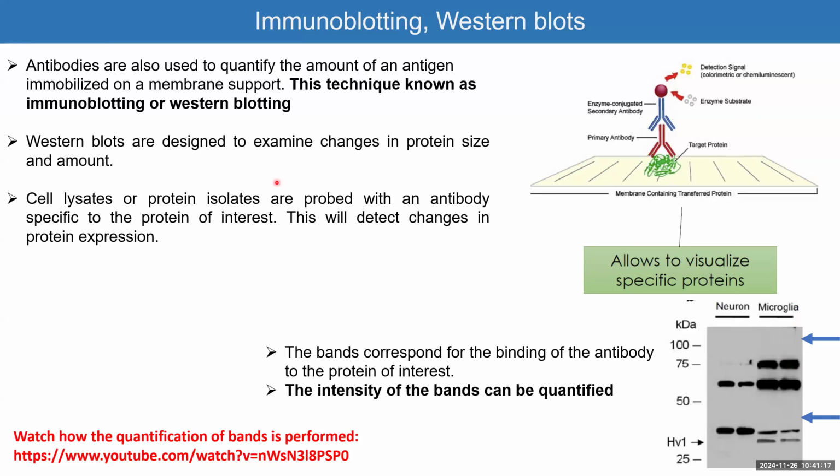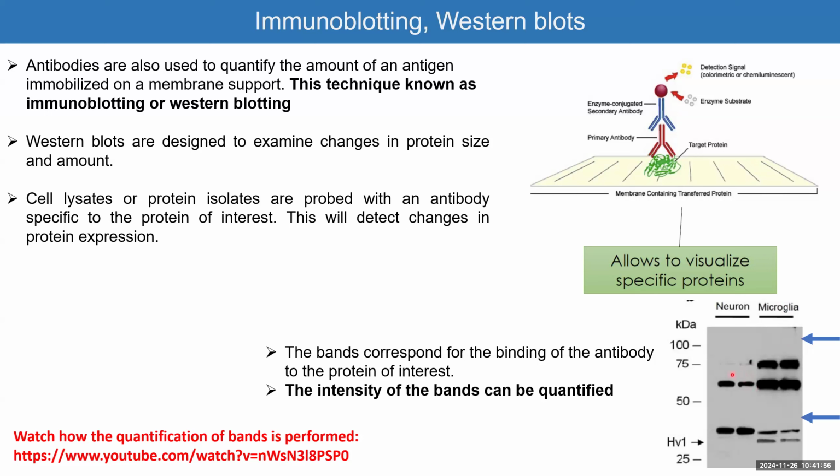But the point is, if I look at this Western blot, I can not only detect the size, which I already can tell that this molecular weight is higher than that, because that's at the level of 75, that's at the level of 60, that's around 30, and so the molecular weights are going lower and lower. The other thing is, I can quickly tell that this protein does not exist in neurons, or very, very little in the neurons, while it's expressed very highly in the microglia.